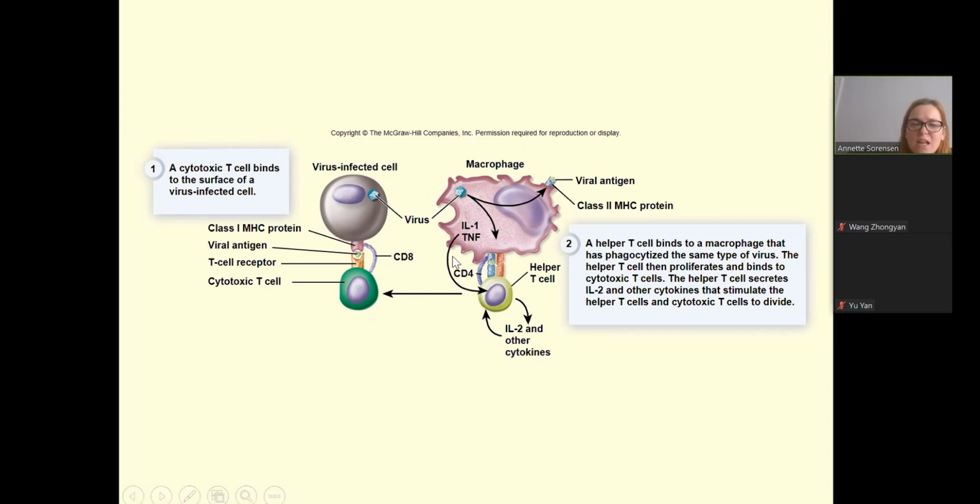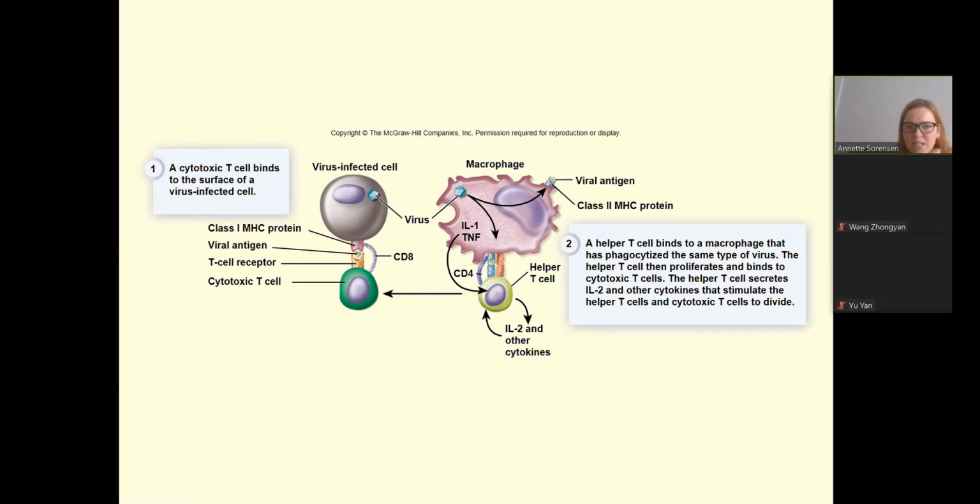This macrophage has picked up the same pathogen and antigen, which is expressed by the virus-infected cells, and it is displaying that on the surface of the cell here. The T cell is binding to the class 2 MHC, which is presented by the macrophage. So it's an antigen-presenting cell.